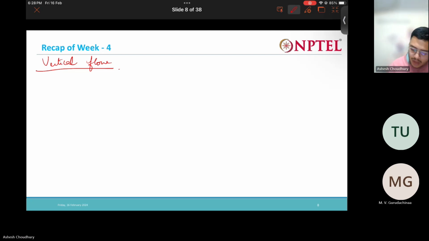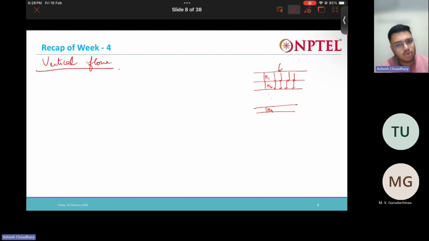In that case, what is going to happen is that flow is entering here. Water is entering the first layer. From the first layer, it will go to the second layer. Will there be any loss of water? No, right?